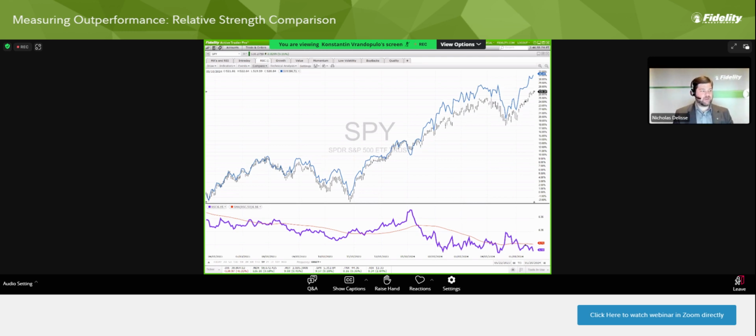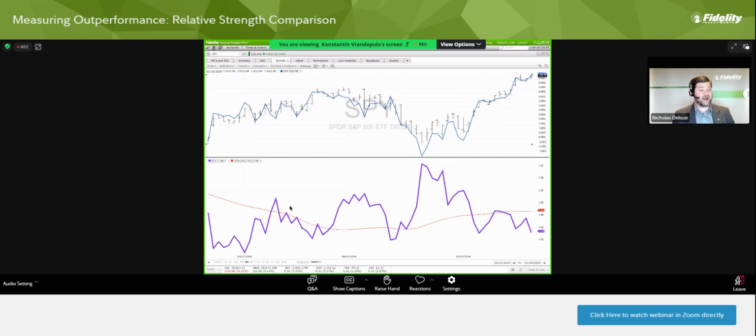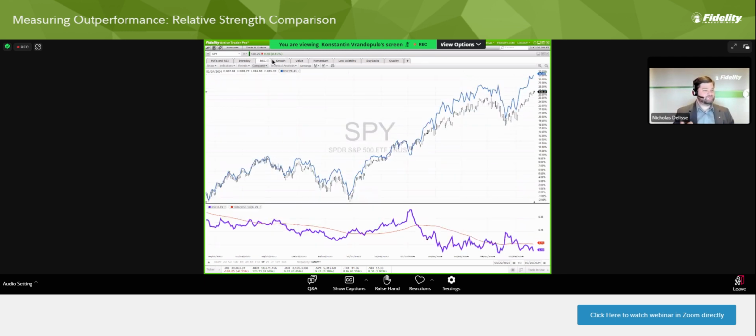And it doesn't really matter whether you're looking at SPY and comparing it to IVW, or IVW and comparing it to SPY. You're, in essence, going to get the same thing.